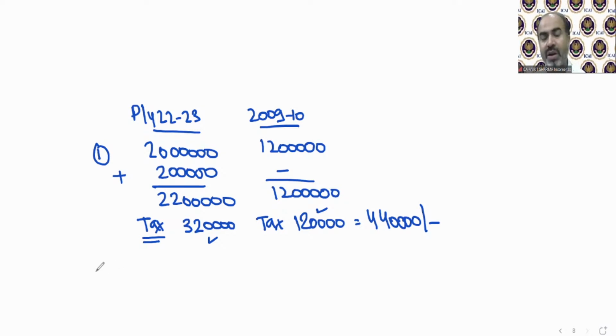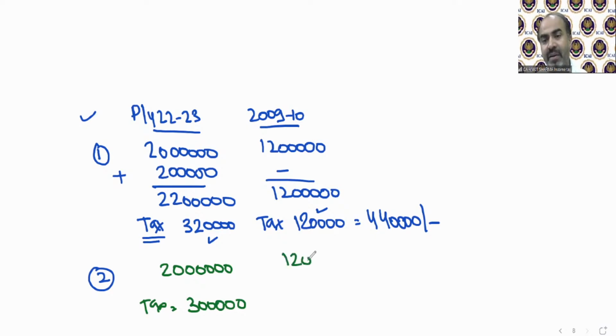Now we see what the assessee wants. The assessee says, you should tax only 20 lakh rupees in this year. We will say, okay, the tax is about 3 lakh. And for 2009-10, tax my bonus amount in 2009-10. We say, okay, we will do this for you.